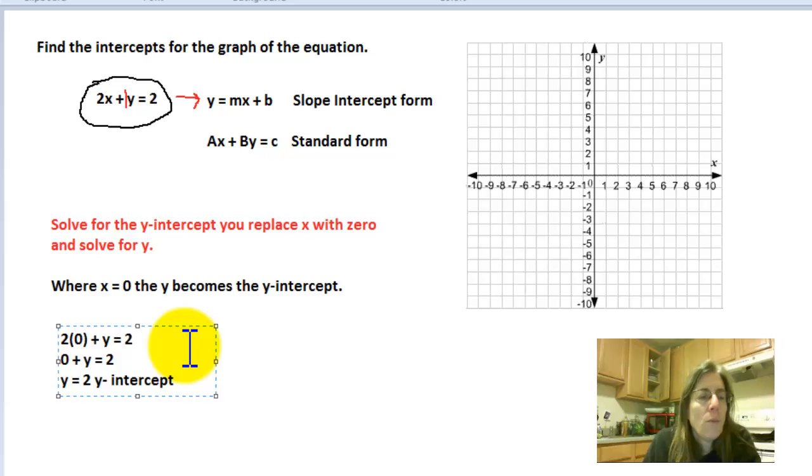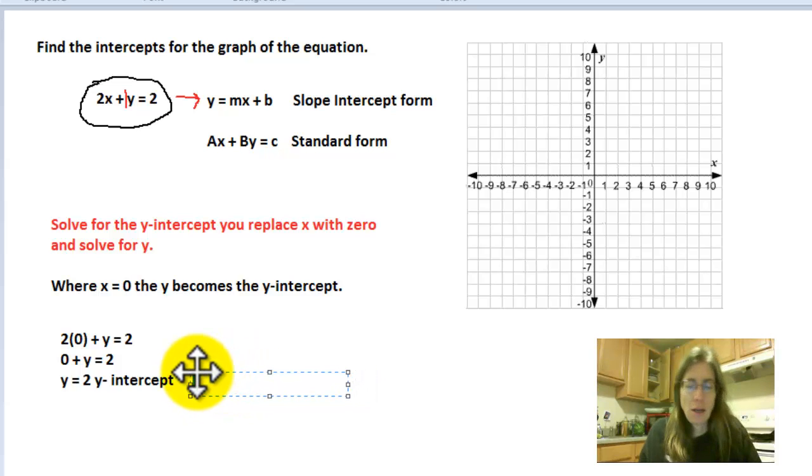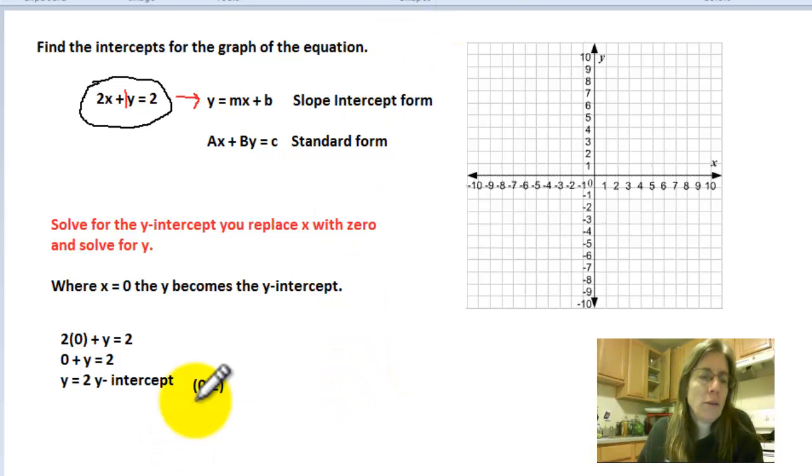Okay, so what that means is on the graph, this is a point on the line that looks like this, 0, 2, where x is 0 and y is 2. So this is the x, and that's the y.